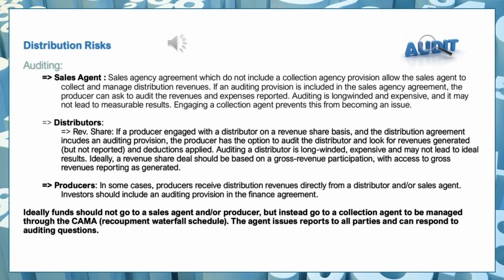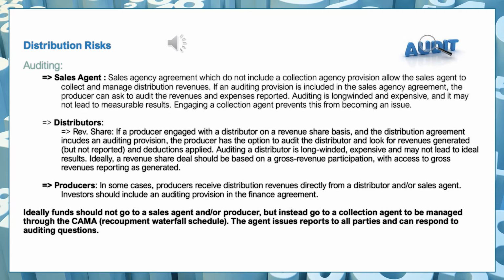The producers can, of course, in a case like that, deal with the distributor directly, without having to deal with the sales agent in between. But normally, it would be the sales agent who would contact the distributor to say, hey, what's going on? Did you guys have overages applicable? Can we see a report? Can you send it to us?